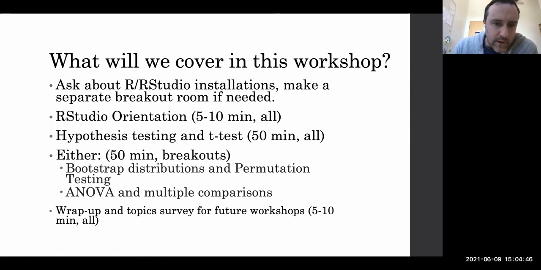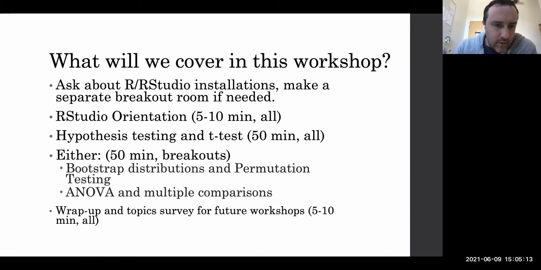And then after we move through that material, we'd like to divide up into some breakout rooms. We have material prepared for bootstrap distributions and permutation testing, as well as ANOVA and multiple comparisons. And we'll leave it up to you at that time to decide which of these topics you want to explore during the workshop. But all of the materials are available on GitHub.